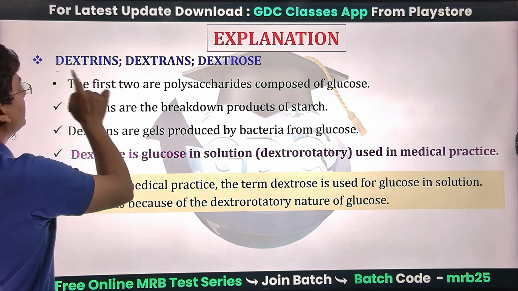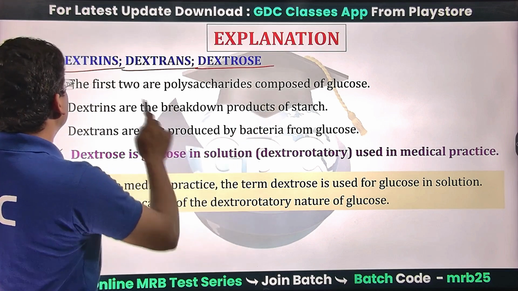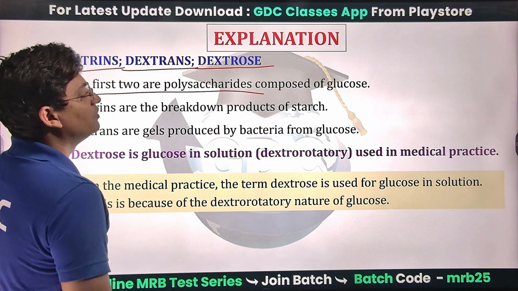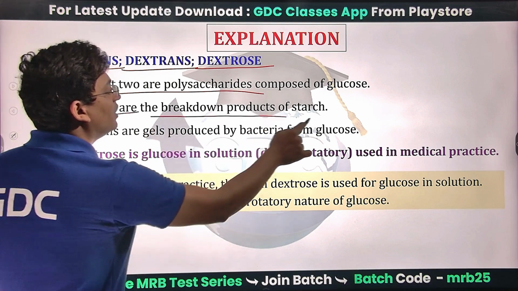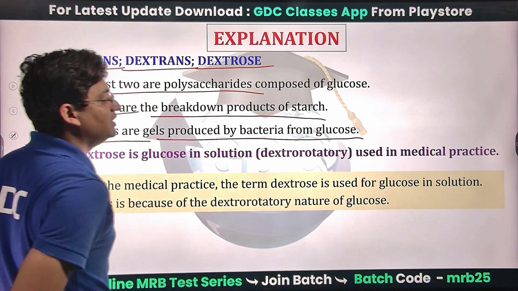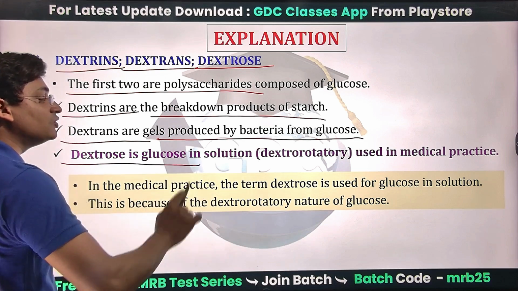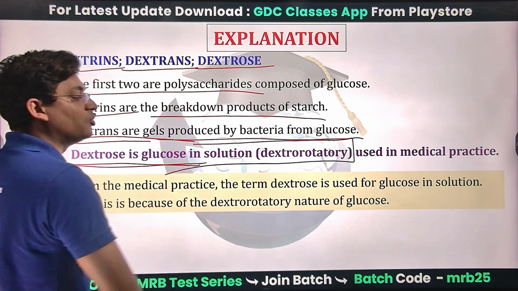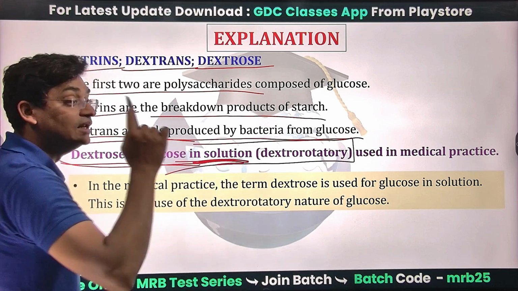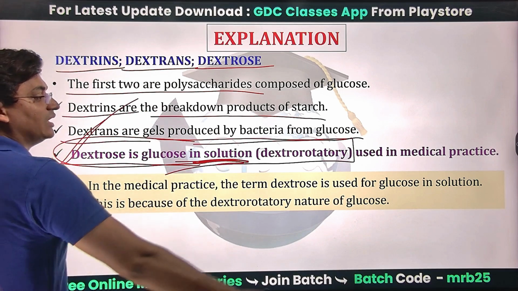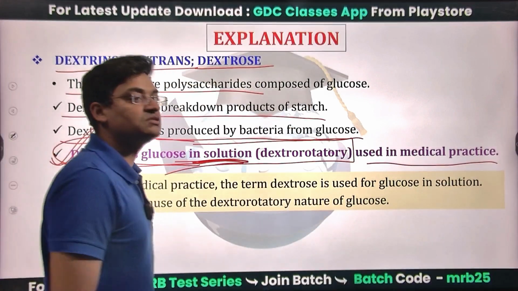Dextrins and dextrans are polysaccharides composed of glucose. Dextrins are the breakdown products of starch, while dextrans are the gel produced by bacteria from glucose. Dextrose is glucose in solution that is dextrorotatory, used in various medical practices.